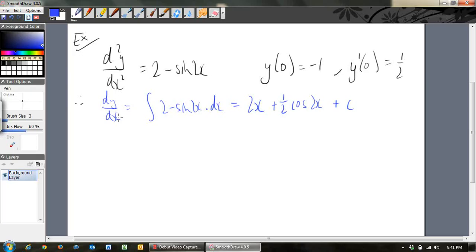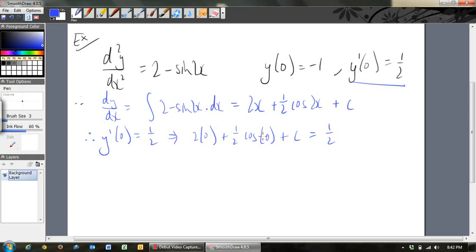Fantastic. Now, at this point, look at what we've got. We've got the derivative of y with respect to x is equal to this. And here it's telling us the derivative of y when x is equal to 0 is equal to half. So we can actually find what c is equal to. We could wait until the final solution, but it's better to do it now. So y dash of 0 equals half tells us that when x is equal to 0, we've got 2 times 0 plus half cos of 0 plus c is equal to a half.